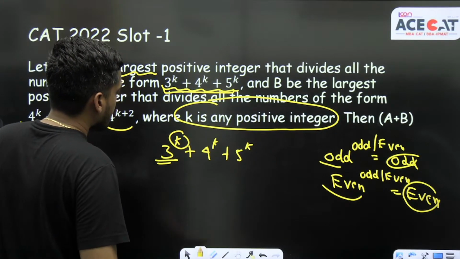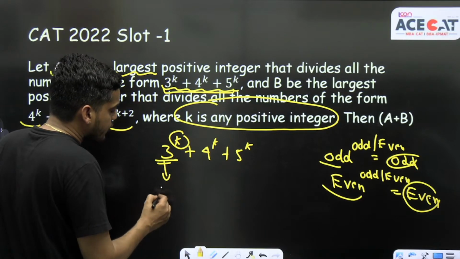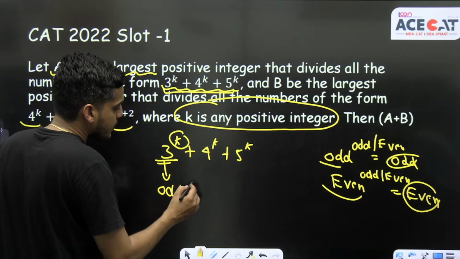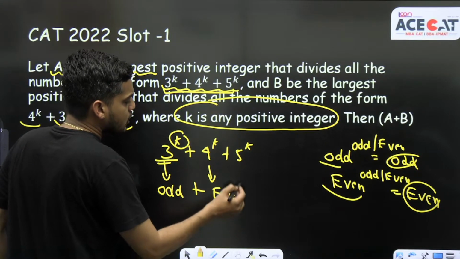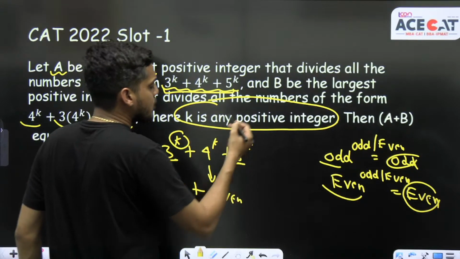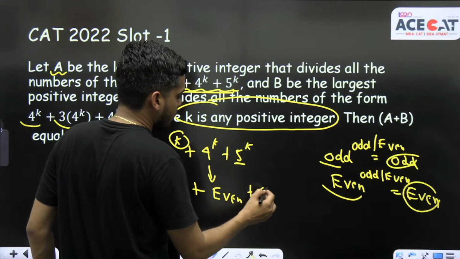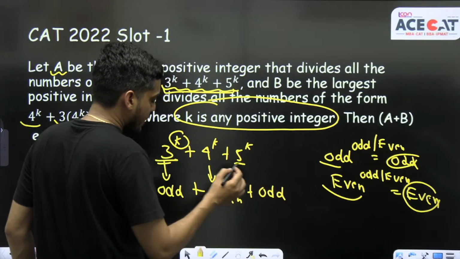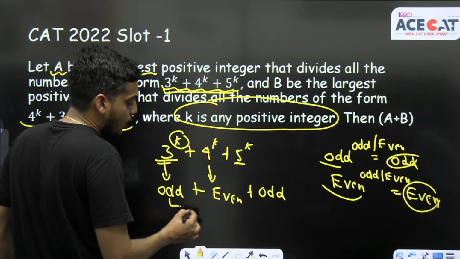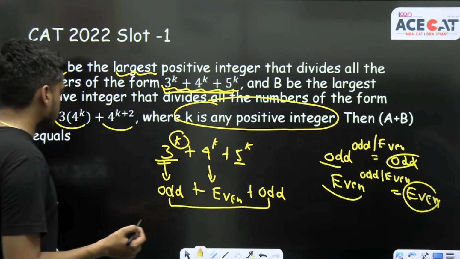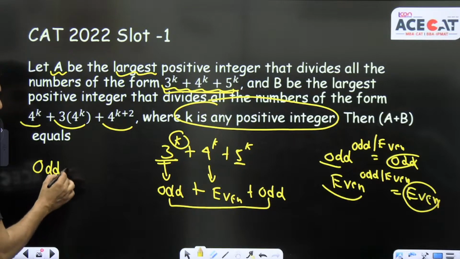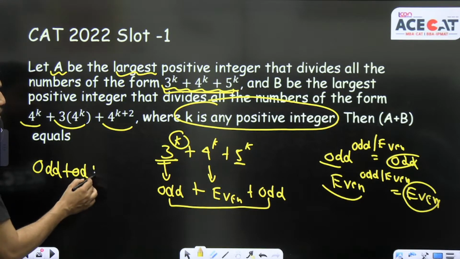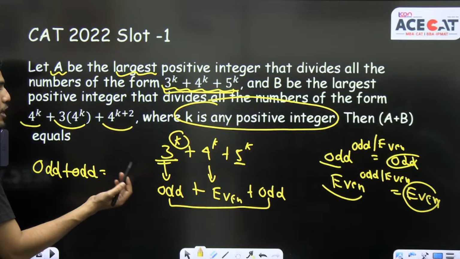That's it. So this value will be odd for sure, this value will be even for sure, and because 5 is also an odd number, it to the power of any number will give me an odd number only. So do you agree with me? Odd plus odd, we know that also, will be equal to an even number. 3 plus 5, 8; 5 plus 11, 16.